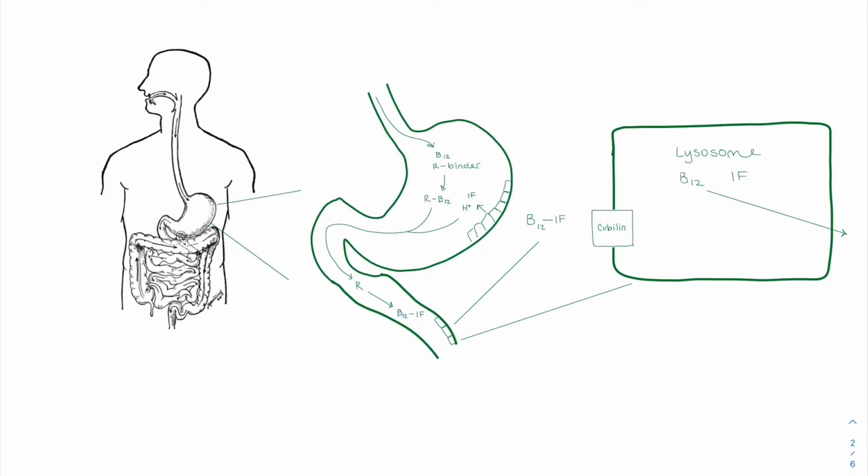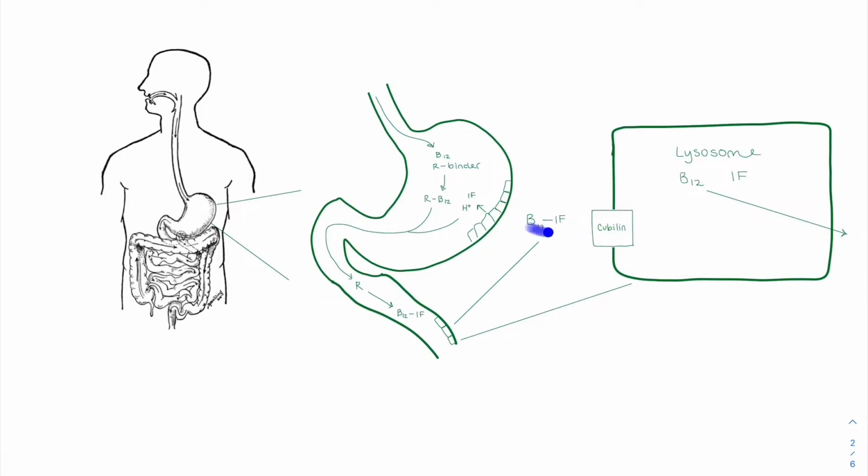Anyways, moving on, we have our B12 intrinsic factor complex going throughout the intestines, and we need to get into the body, so we have to go into these cells. This is my bigger version. In order to get in the cell, we have a receptor called cubilin.